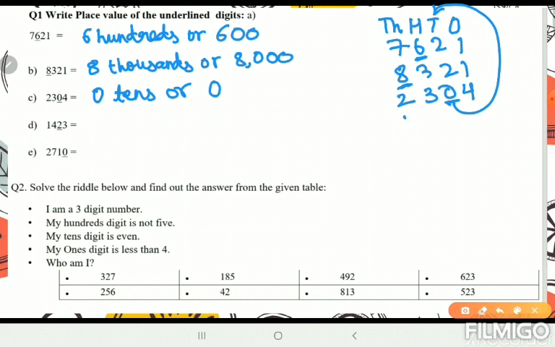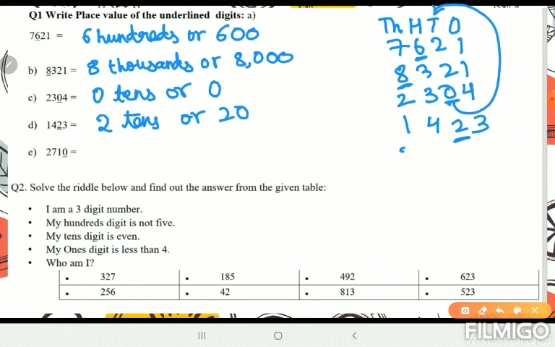Next one, 1 4 2 3. It is told to find the place value of 2. Where is 2? 2 is again in the tens place. So what is the place value of 2? 2 tens, or 2 tens is written as 20.